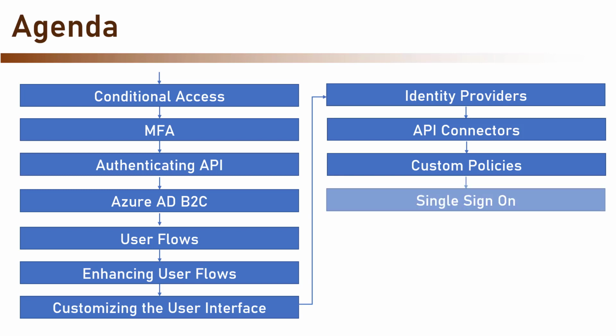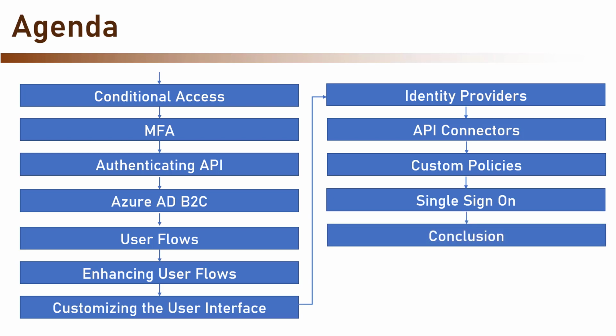And then we are going to learn how to implement single sign-on in our authentication. And after that, we are going to conclude this course and discuss the next steps. So, as I said before, this course is packed with content and we have quite a lot to talk about. And now let's do just that and move on to the next section.